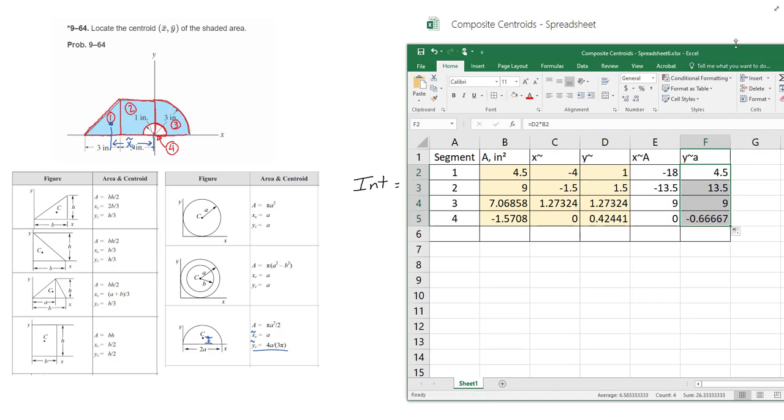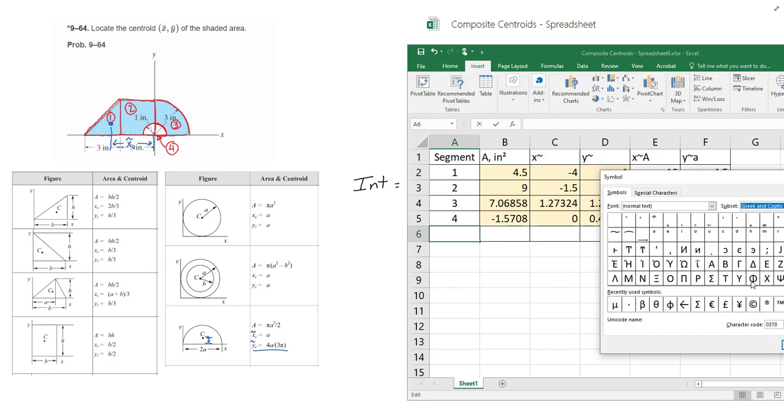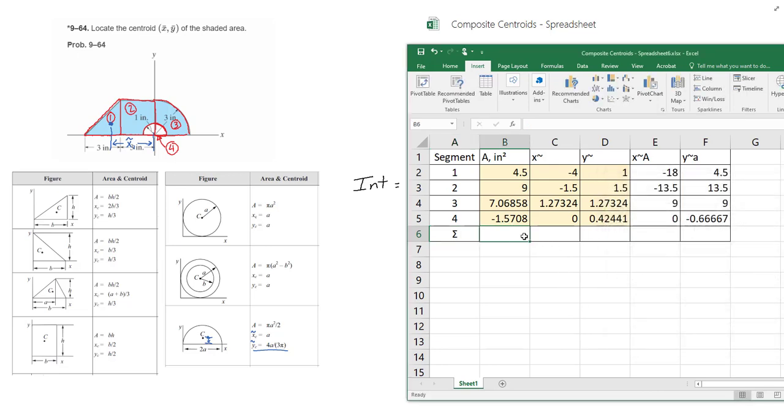For our math, we're going to take the sum. So we're going to sum all of the areas and get the total area of the entire shape.